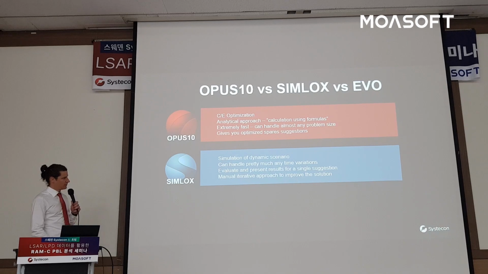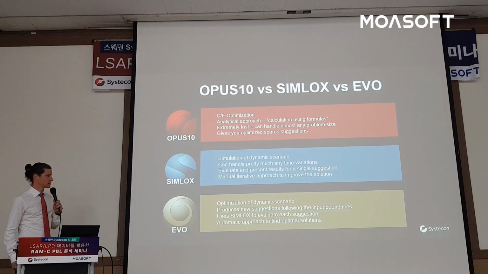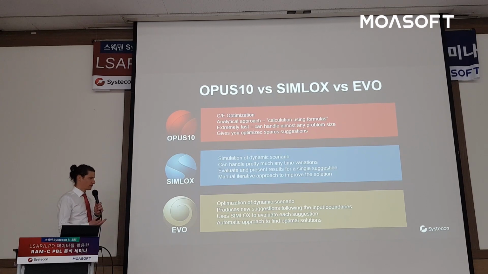This means that if you want to try something else, try a different alternative, you need to manually update your input data and then see if that was an improvement or not. So that's what Simlogs does. It's an evaluation of one suggestion.